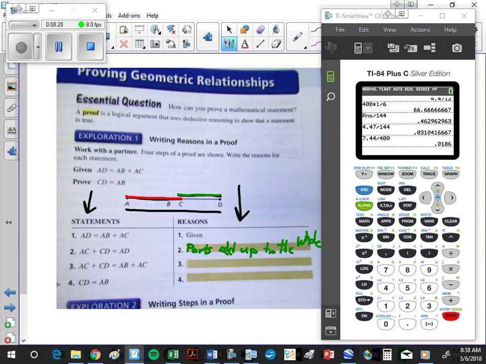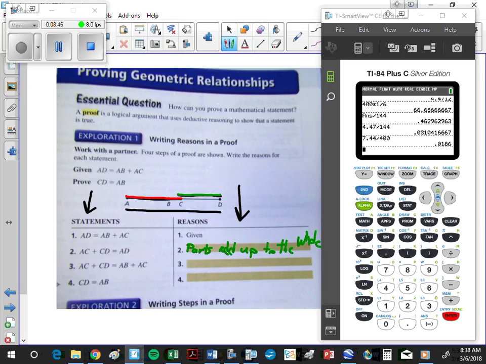And there are a lot of things you could put right there. You could put that they're two pieces of the same line. When you add two distances together, they equal a larger distance. But that one's pretty obvious, right?